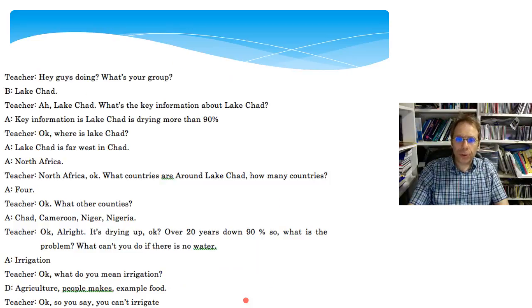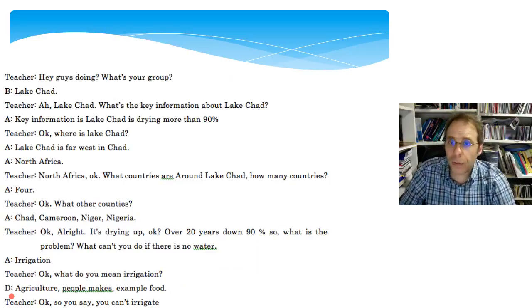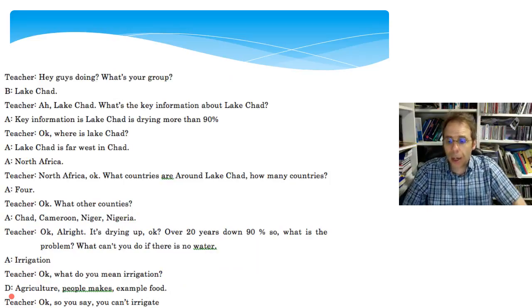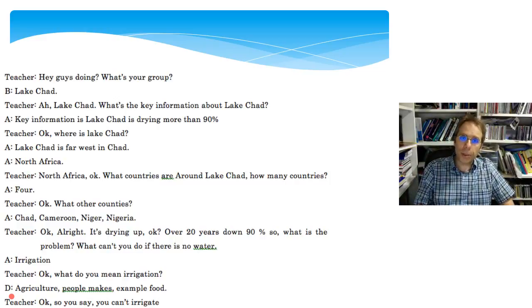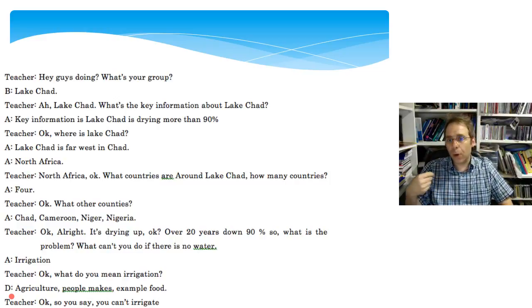So this is one of my students transcribed this for me, but basically this is one of the discussions that's happening in the classroom. So as I'm walking around, I talk to the group, and you can get some information and see what they're doing. Now, when I'm talking to the group, a lot of times I don't really help them either. I just ask them some questions and see if I can make them think of something more abstract, or see if I can point them in the direction of where to find information.